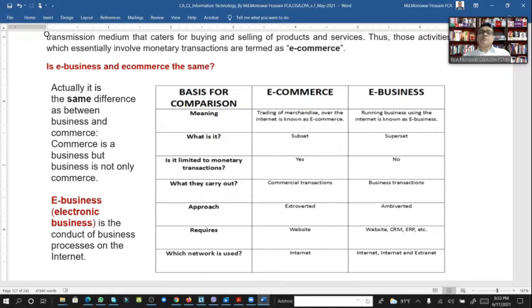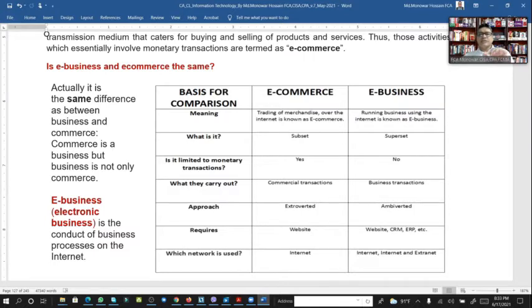What is the approach of e-commerce? E-commerce is extroverted, and e-business is ambiverted. E-commerce requires a website, while e-business requires not only a website but also enterprise resource planning, CRM, etc. Which network is used?